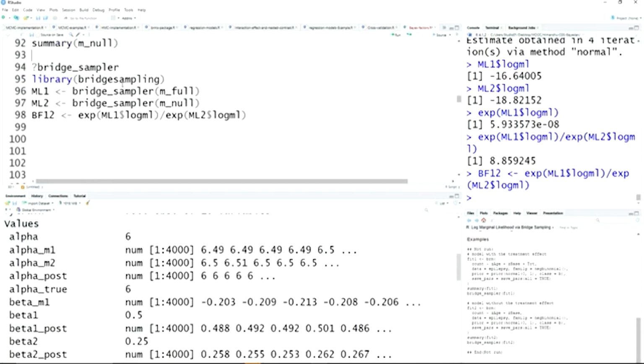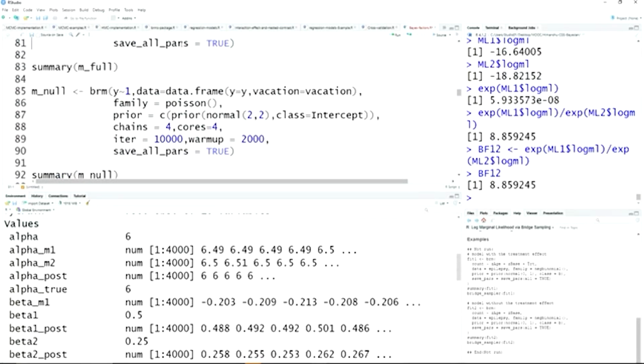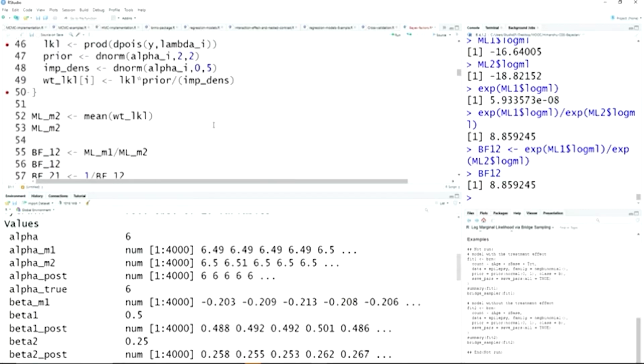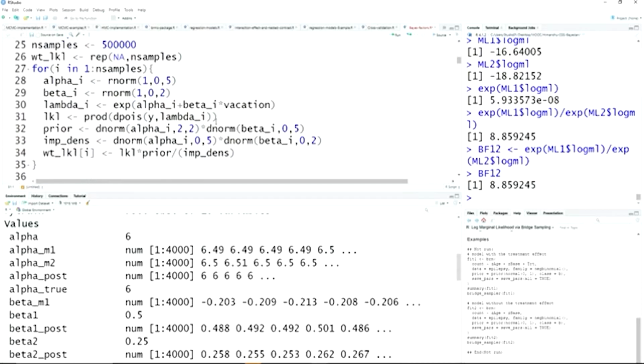Okay. So BF12 we got is 8.85. Okay. You can check it. So using Monte Carlo integration, what was the value that we were getting?